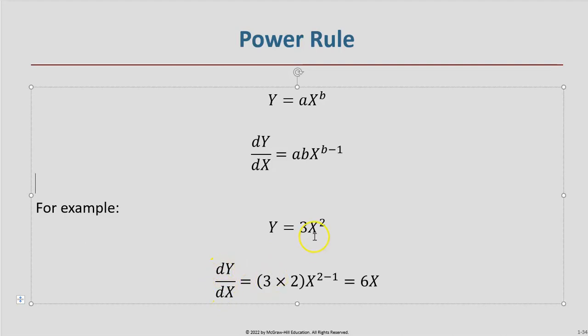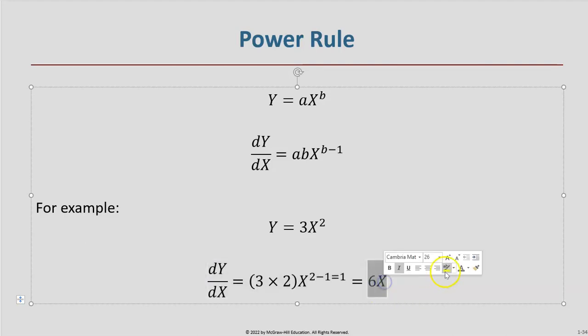Then dy/dx would be equal to a times b, so 3 times 2, which is the exponent, times x raised to the power of 2 minus 1. Well, 2 minus 1 is equal to 1, and anything raised to the first power you don't multiply by anything. So the slope of this function y is 6 times x. The slope changes depending on what the variable is.